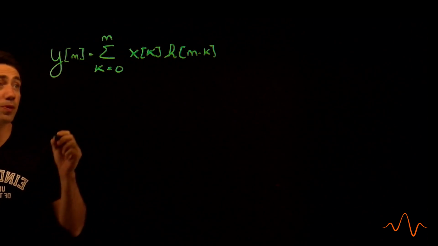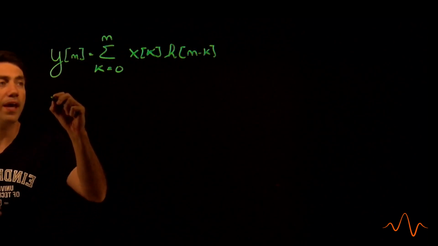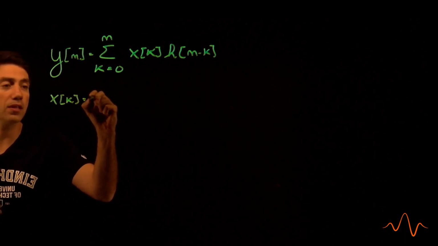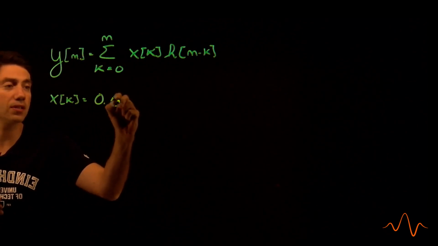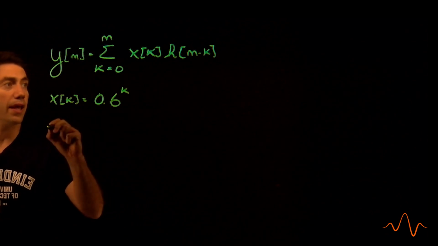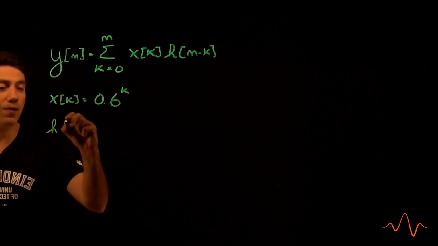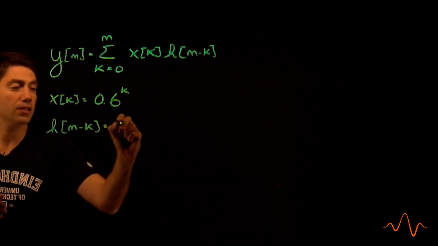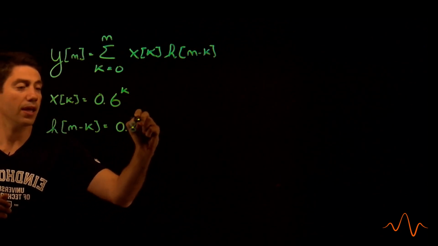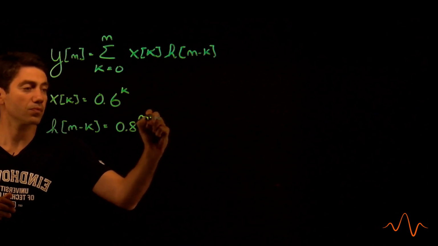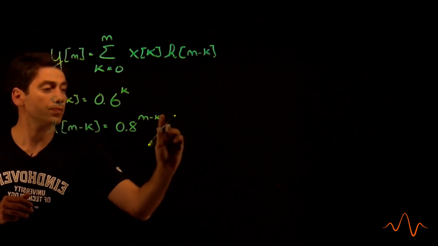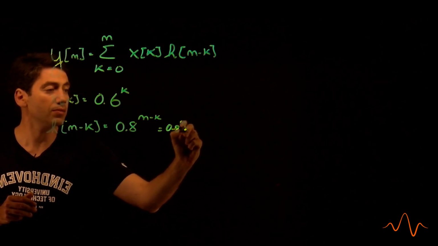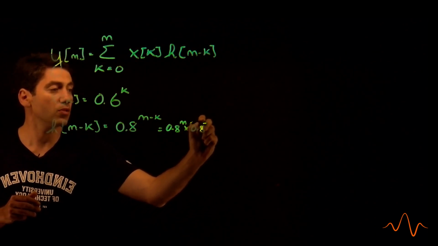In the interval between 0 and n, we have that x of k is 0.6 to the power of k, and h of n minus k is 0.8 to the power of n minus k, which is also equal to 0.8 to the power of n times 0.8 to the power of minus k.